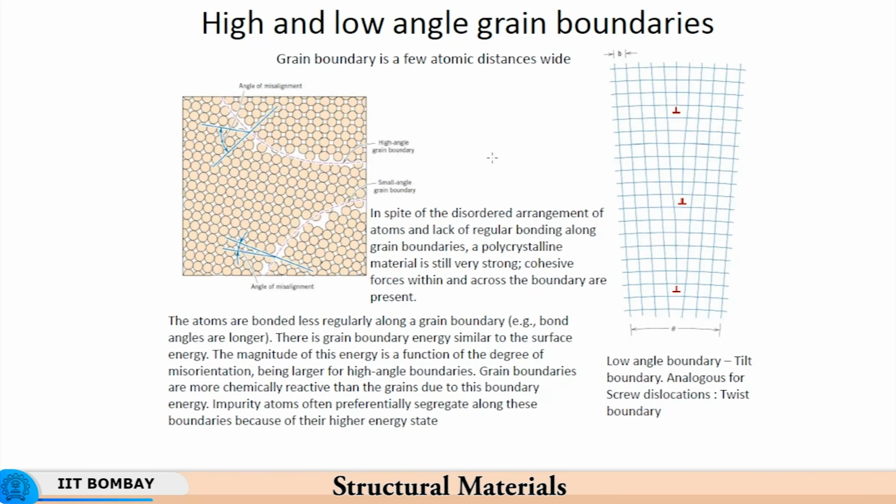So in severe plastic deformation, you create a very large amount of strain energy, and that has to be stored somewhere, and therefore you need a large number of dislocations, and this will happen when you generate high angle grain boundaries. So when the strain level is high, you get high angle grain boundaries.